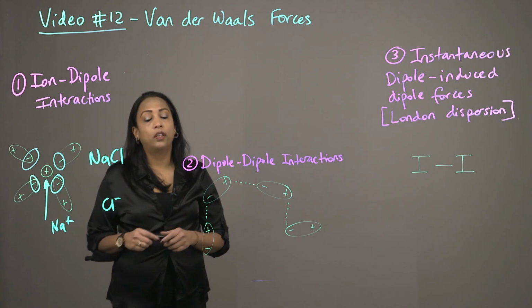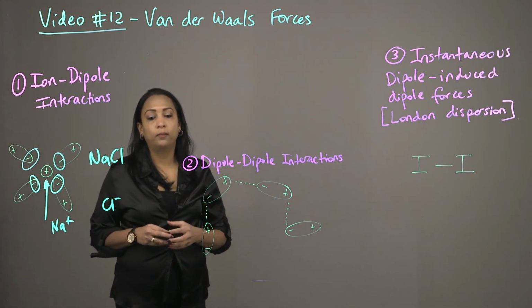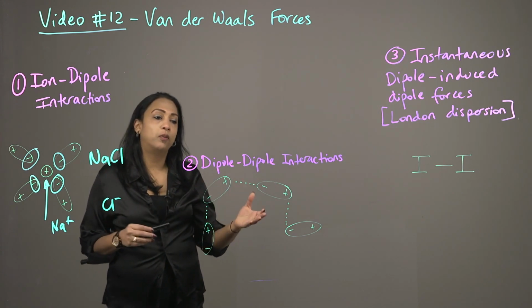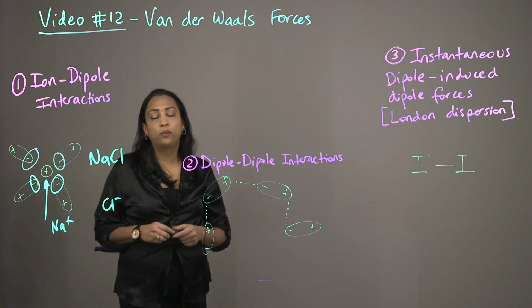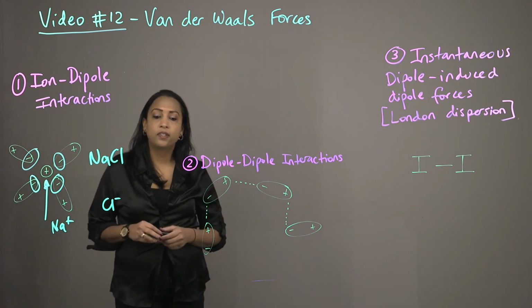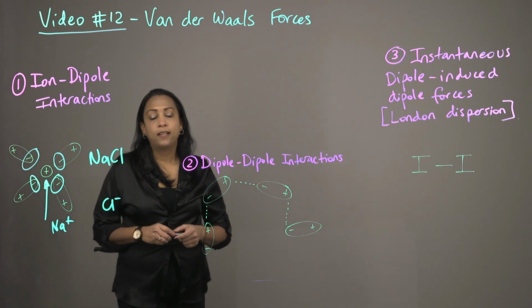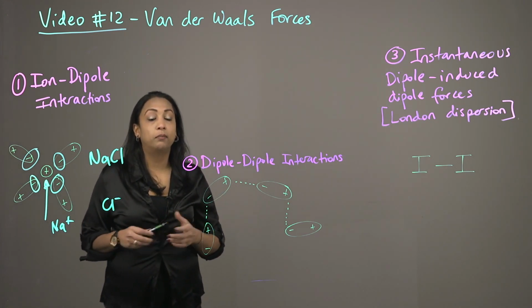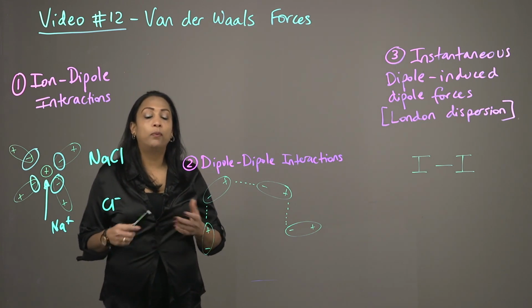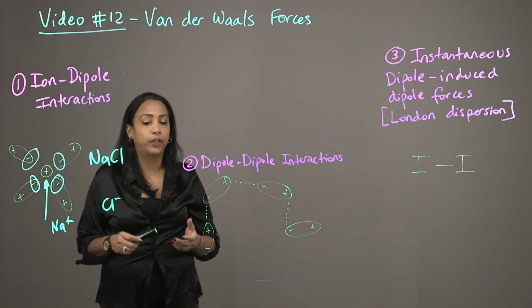So the polar molecules must be in close proximity to each other for the dipole-dipole forces to be significant. Now, dipole-dipole forces are characteristically weaker than ion-dipole forces, and they tend to increase with an increase in the polarity of the molecule. So the more polar the molecule, the higher is its boiling point.